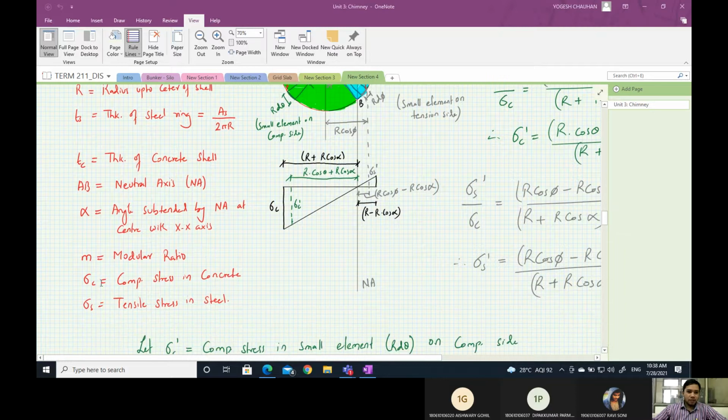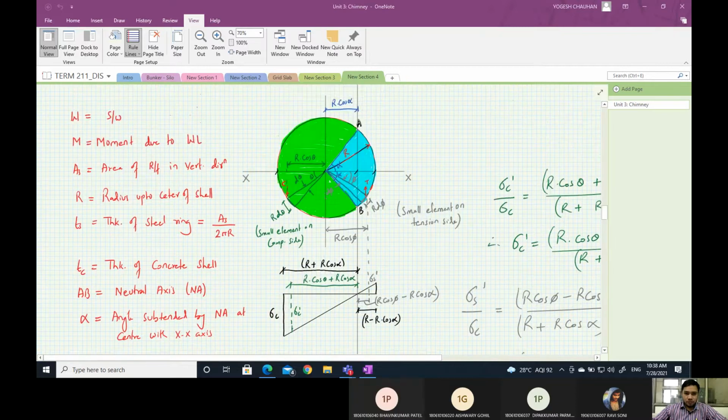And m is the modular ratio, sigma C is the compressive stress in concrete, and sigma S is the tensile stress in steel. So now let us consider a small segment on the compression face at an angle theta with the x-axis. We are considering this small element r d theta at an angle theta with the x-axis, which is in compression.